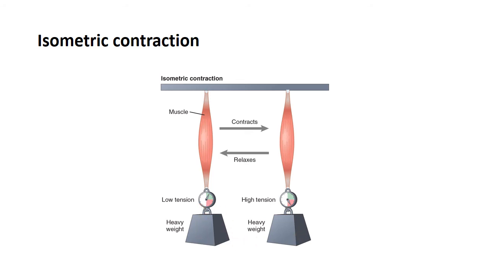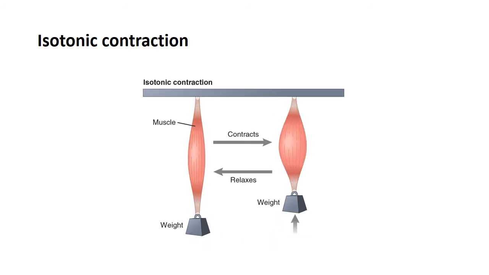Very minimal work is done. But in isotonic contraction, one end is fixed, and during contraction the contractile unit contracts and the length is shortened. Once the length is shortened, the weight hung from one end, the tendon of the muscle, will be lifted upward.